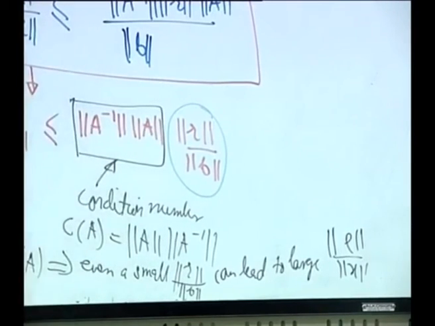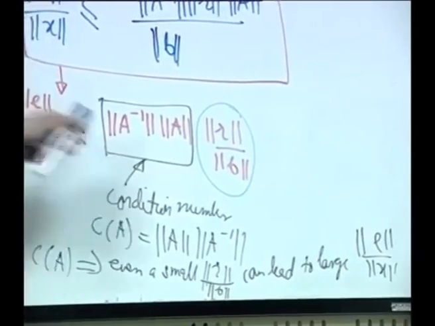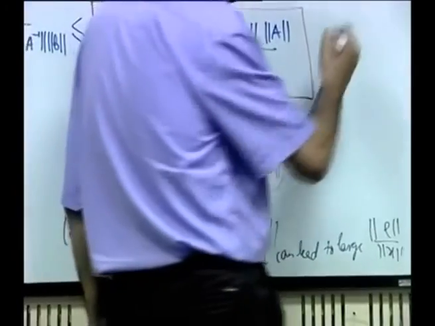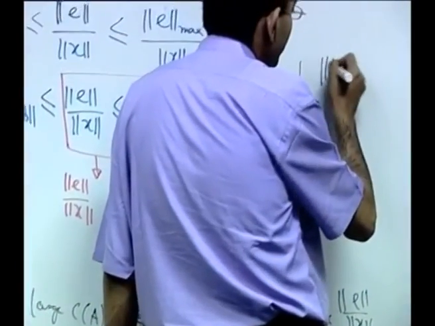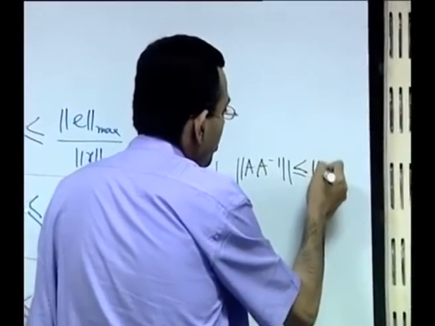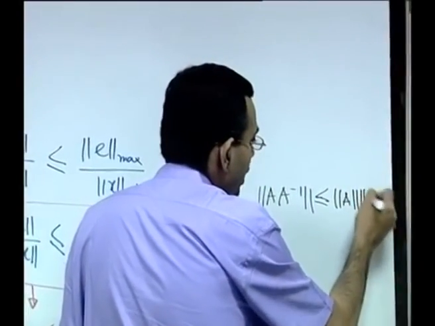So, the coefficient matrix should be such that norm of A into norm of A inverse is as small as possible. Now, how small can it be? Norm of A into A inverse is less than or equal to norm of A into norm of A inverse.